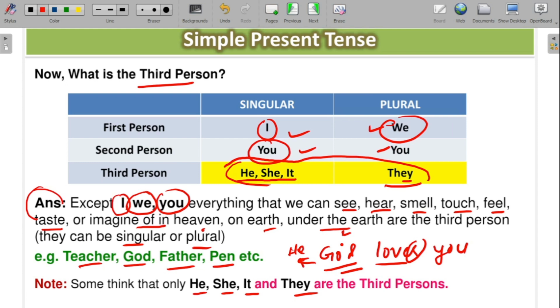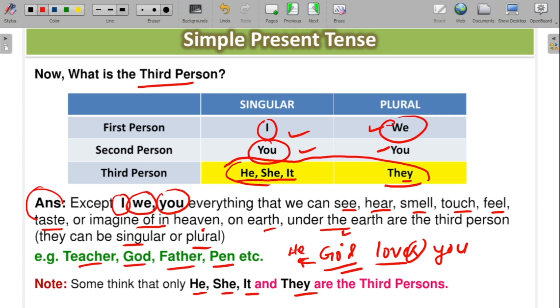I hope you have understood the use of S or es in the simple present tense. It's a little tricky and a little confusing to understand, but once you understand this, you will understand the whole tenses very easily.